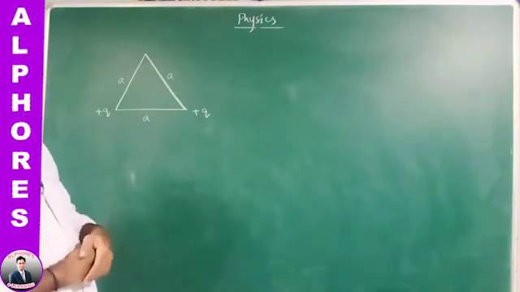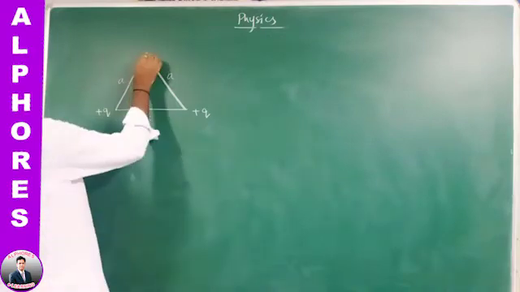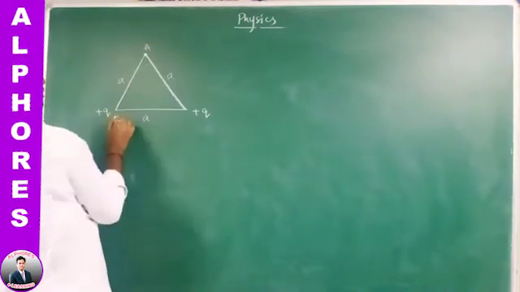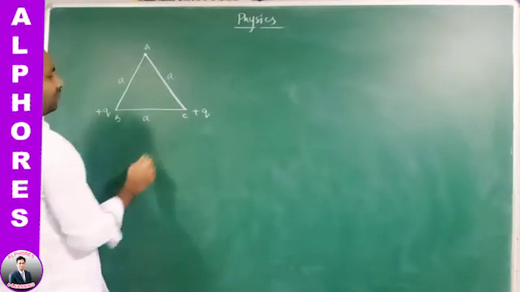So directly we need to find the potential at the point, let us take ABC as an equilateral triangle.